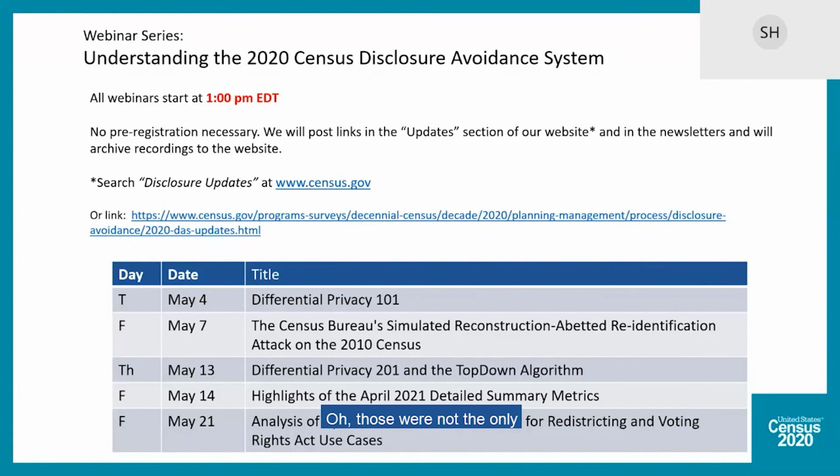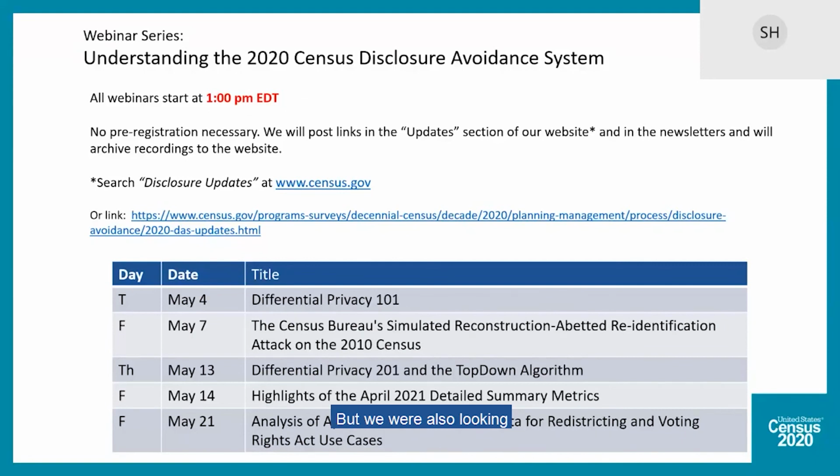Oh, those were not the only things we were looking at by any stretch of the imagination. We were looking at a wide array of accuracy measures, many of which Matt walked through in his presentation before. Those were some of the primary ones that we used for the geographical tuning of the algorithm, certainly, because those reflect the statutory use cases that we know we need to be considering.